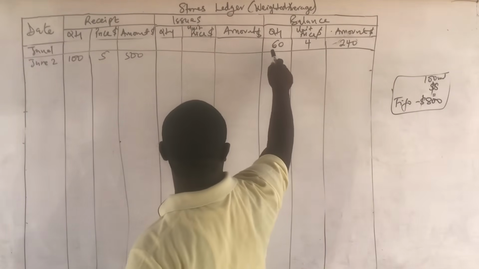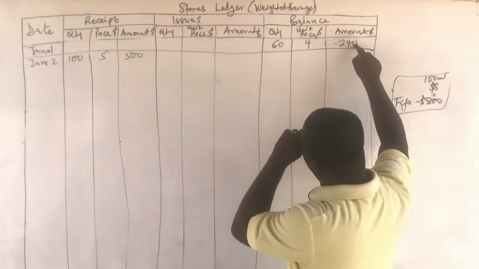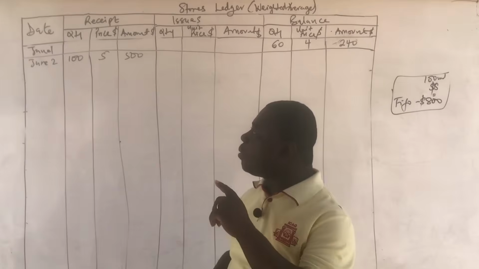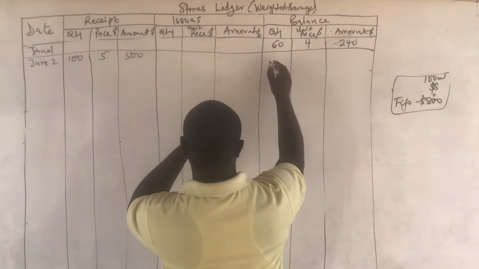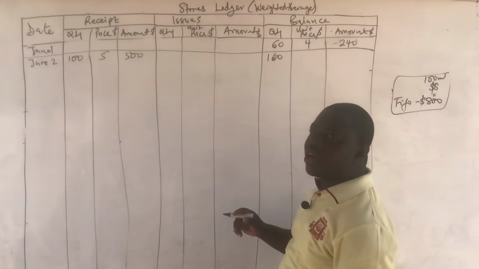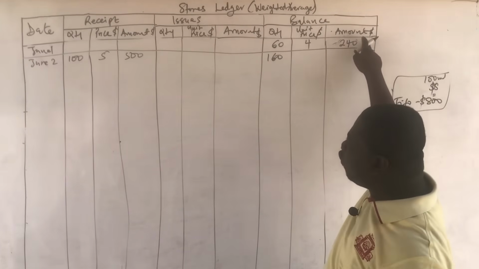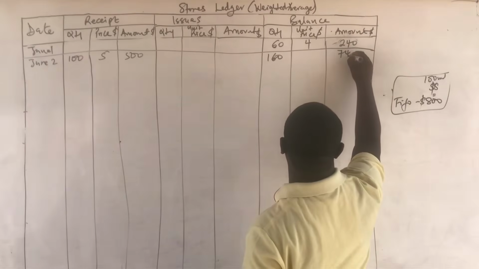You need to add up your 60 and the 100, and then you add up the amounts, and then you can divide. So watch what I'm trying to do. 60 plus 100 is going to be 160 units. Then we are going to add the amounts: 240 and 500. When you add, you have 740.